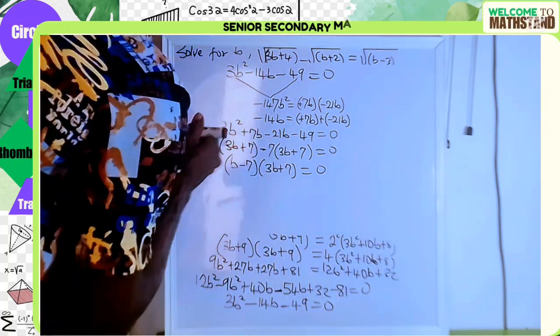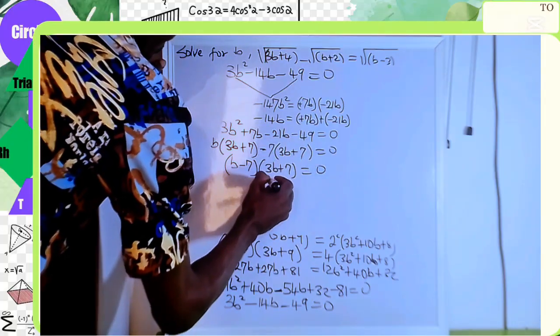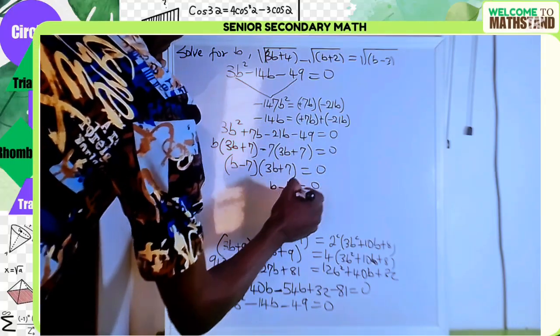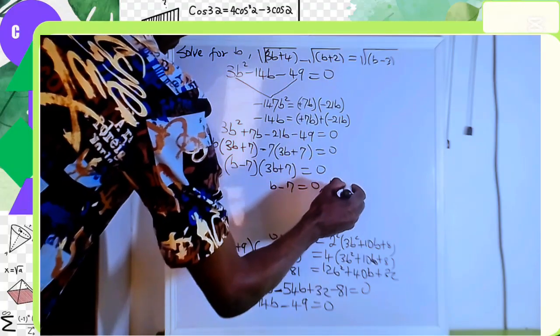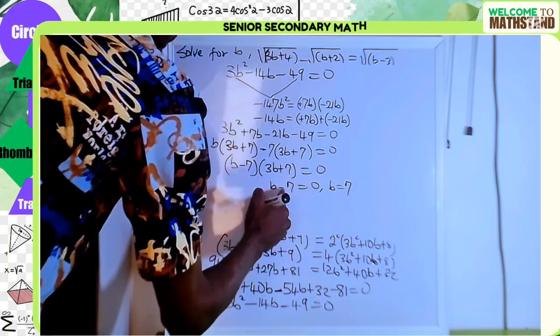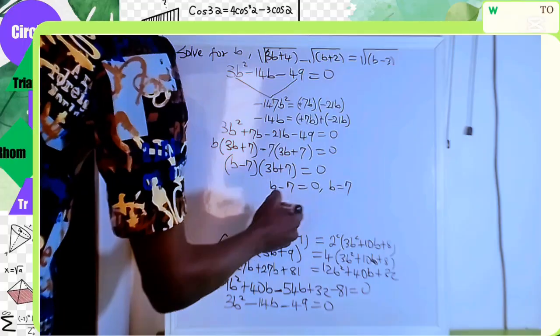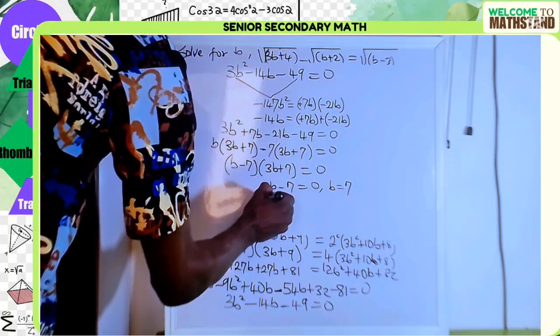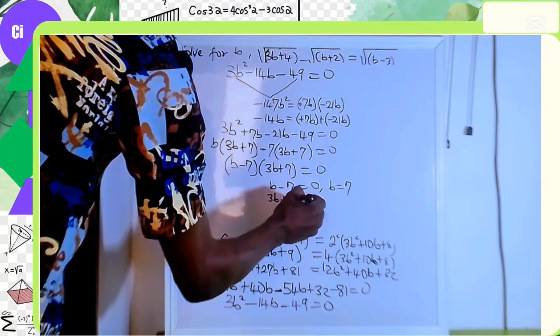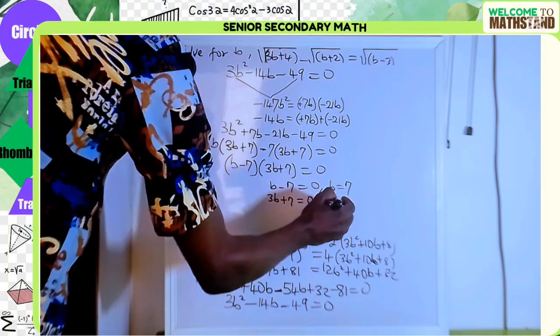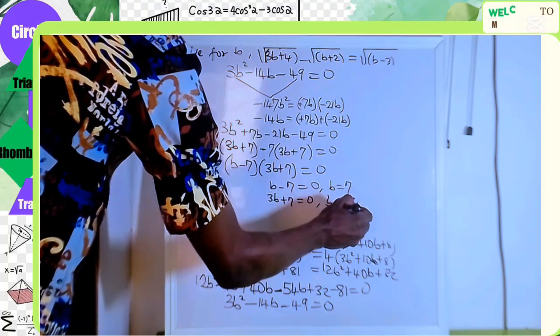Let's equate that. Either b minus 7 equals 0, where if you take 7 to the other side, b will be equal to 7, or we have 3b plus 7 equals 0, where b will be equal to minus 7 over 3.